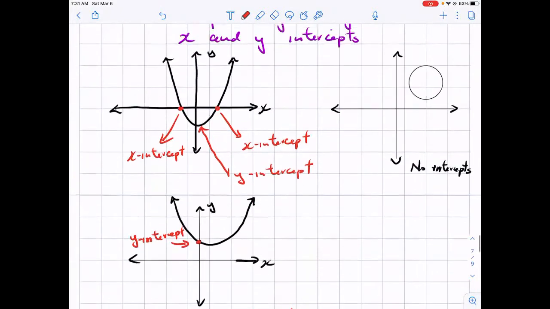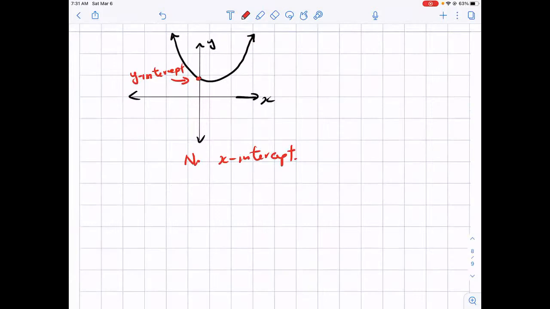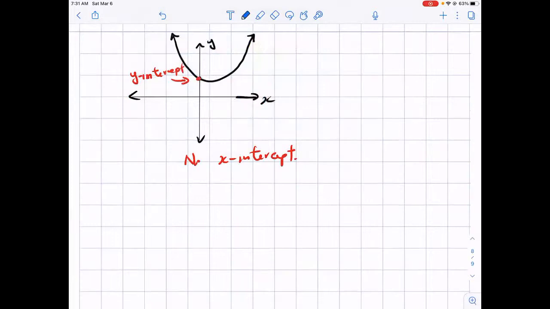So various graphs, it all depends on what you have, right? It all depends on the graph. So what is the condition? So finding intercepts.